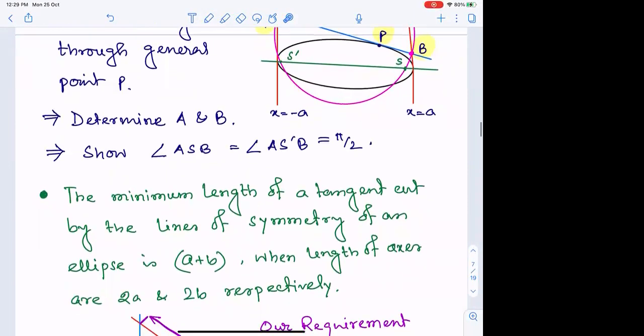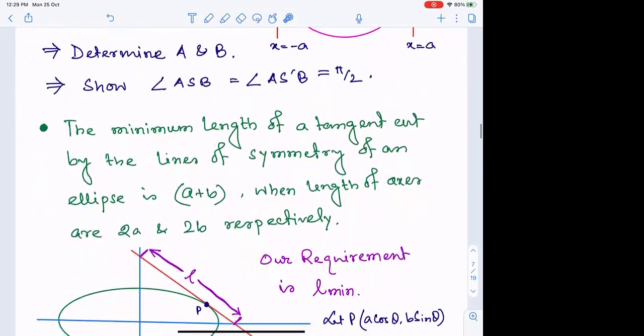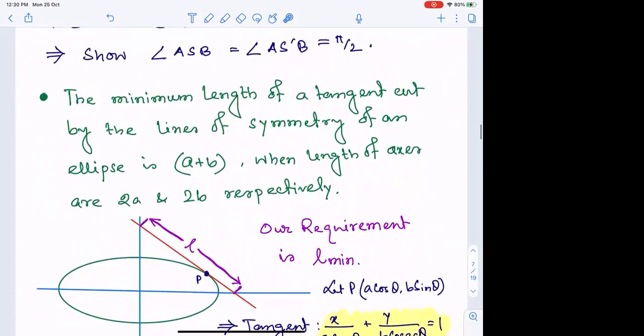So in that direction, let us firstly draw. We have talked about this length. From every tangent, other than the tangents from the extremities of an axis, if we consider any other tangent, that is definitely cut by the axes or lines of symmetry of the ellipse, and the length varies, right?